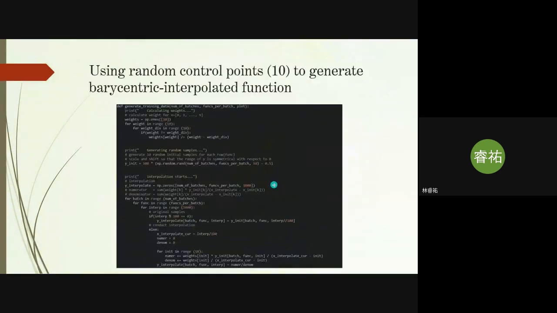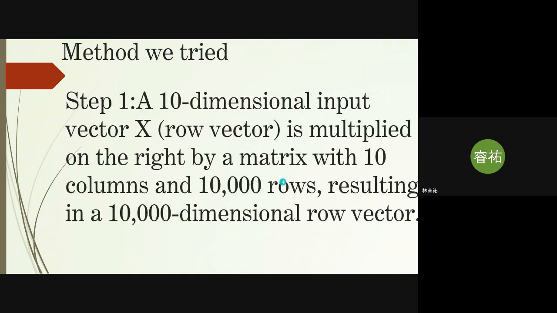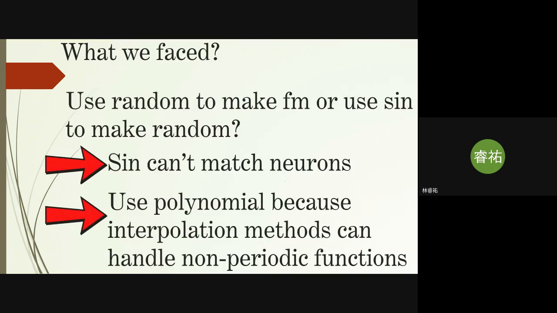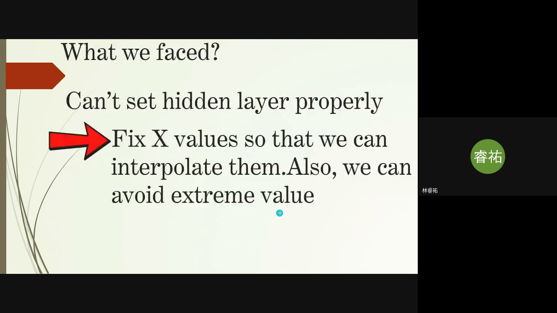But what we want to talk about first is that the random point generation should be uniform, because if we generate x and y sets all randomly, they might produce extreme values. This is because of the interpolated function we use, and we don't want extreme values because they will be really hard for the DNN to converge on.